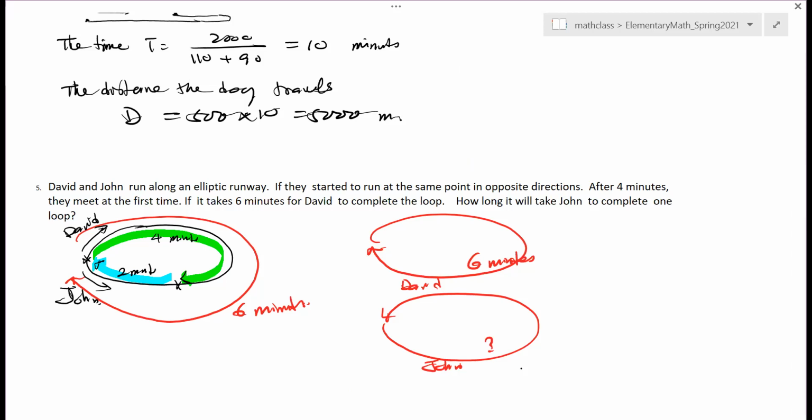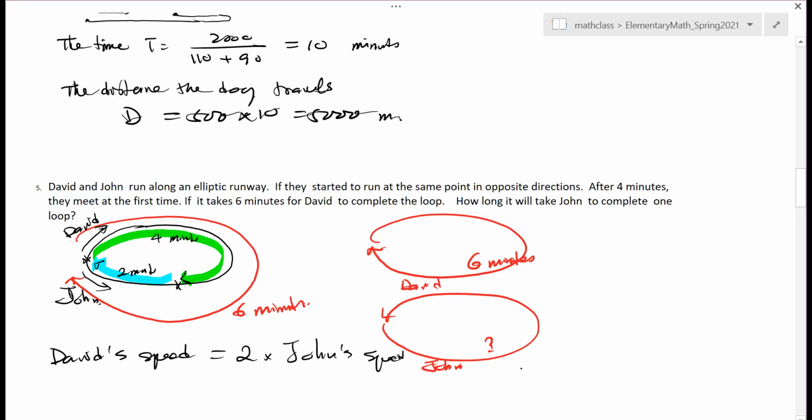That means David's speed is double John's speed. So that implies David's speed is going to be twice John's speed. If you know that, then John is slower than David.